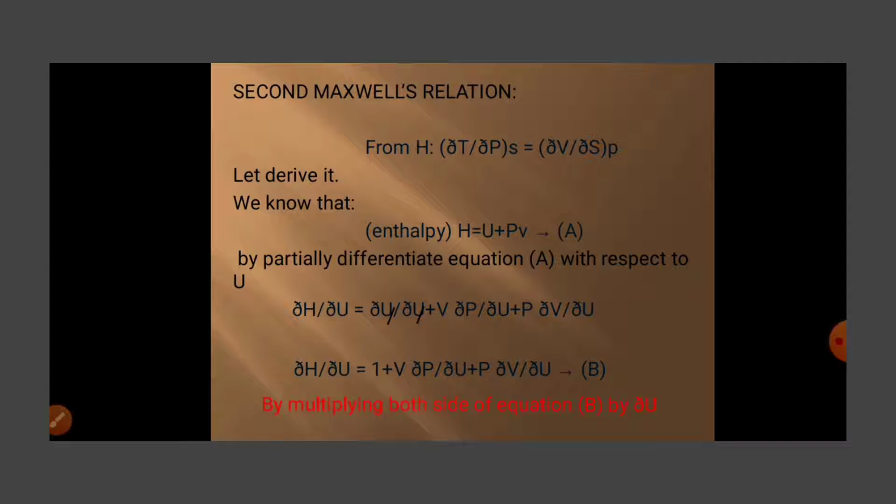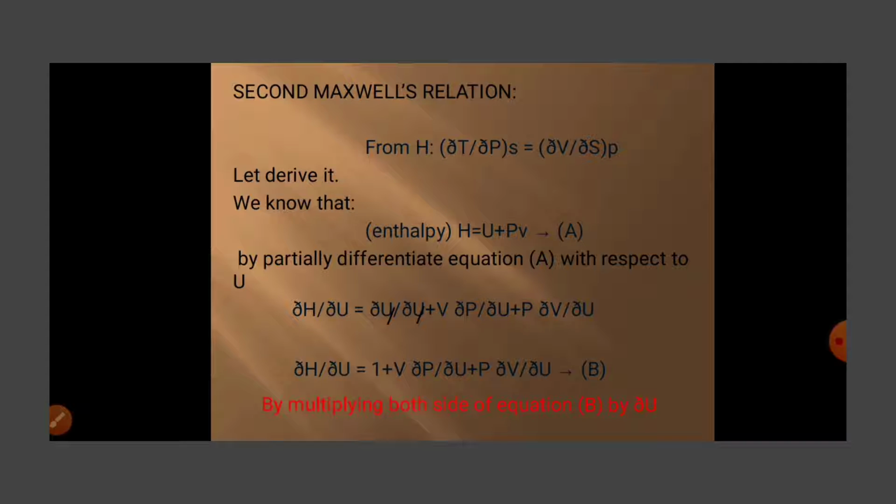So it will become V ∂P/∂U plus P ∂V/∂U. So ∂H/∂U equals 1 plus V ∂P/∂U plus P ∂V/∂U, because ∂U/∂U is cancelled and we can write it as 1.